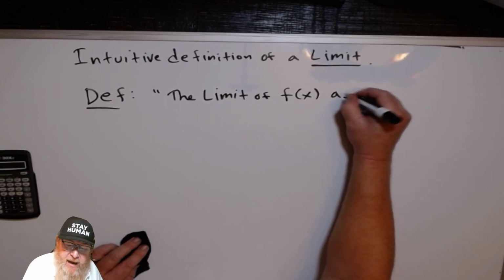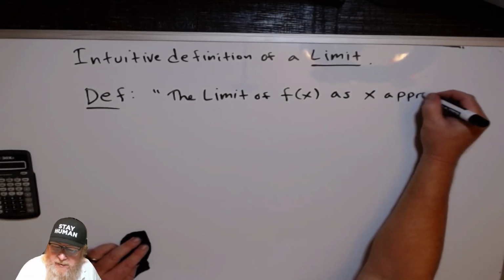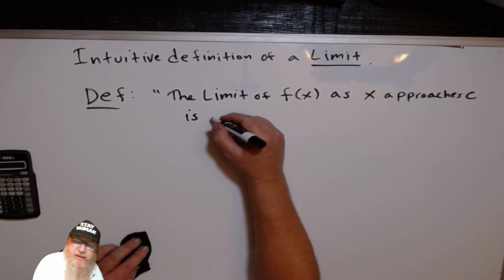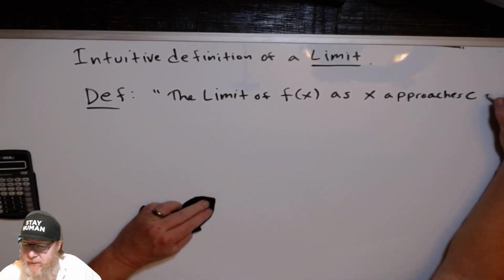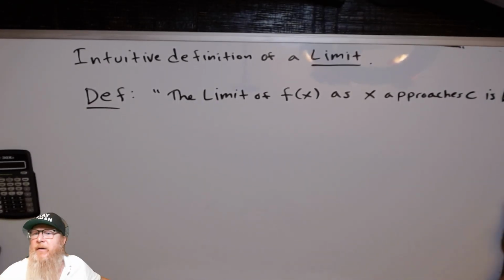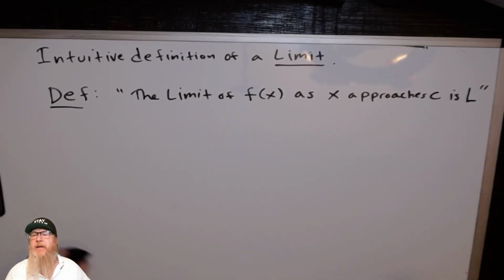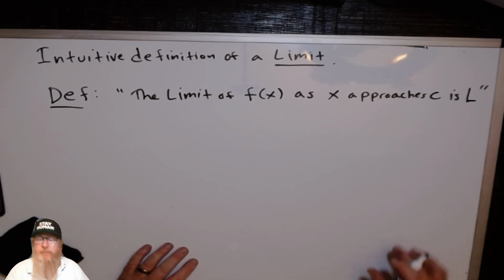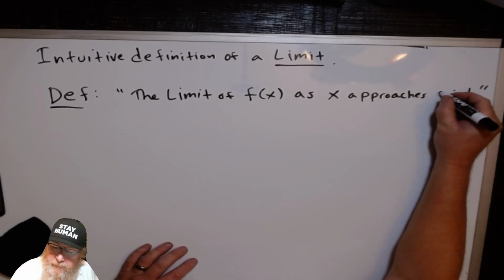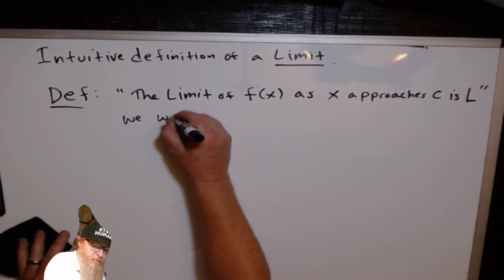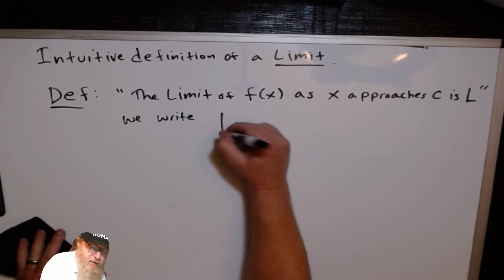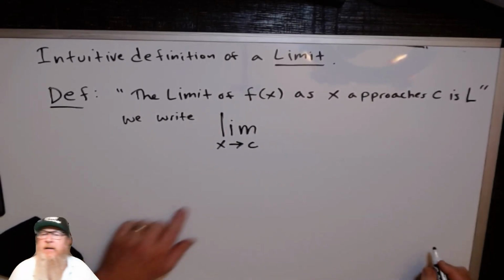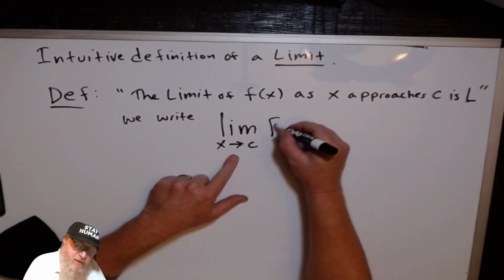The limit of f of x as x approaches c is L. The limit of f of x as x approaches c is L. And we write lim, x arrow c, x approaches c, of the function.